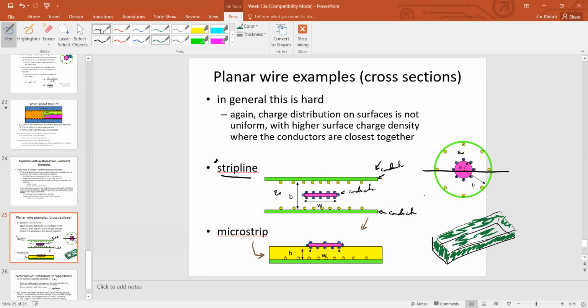And below it, again I have copper. So I have this copper below it.